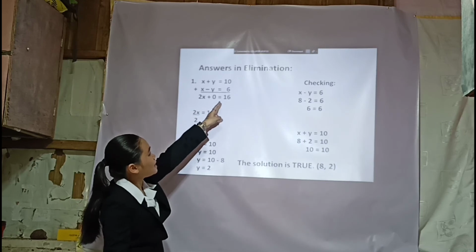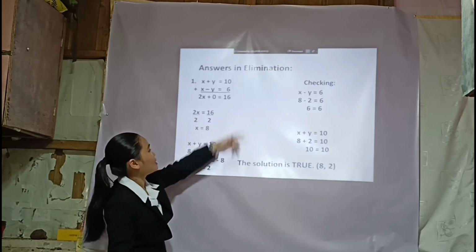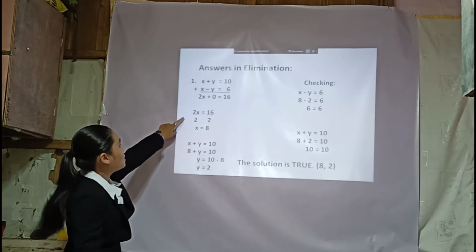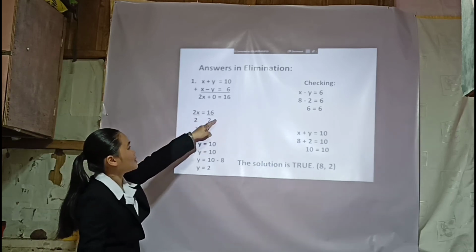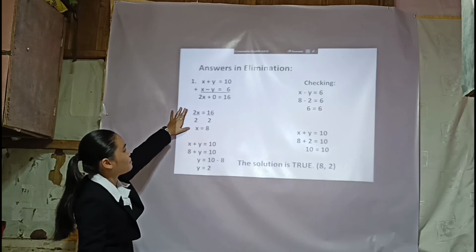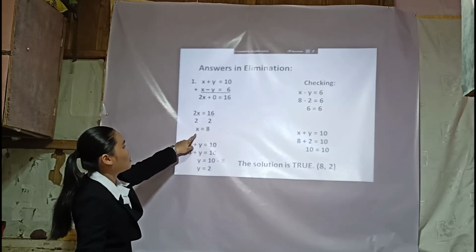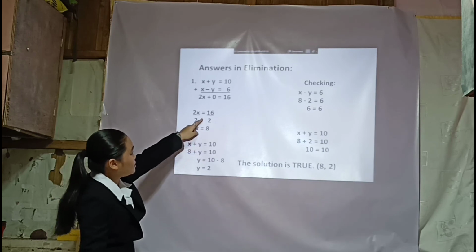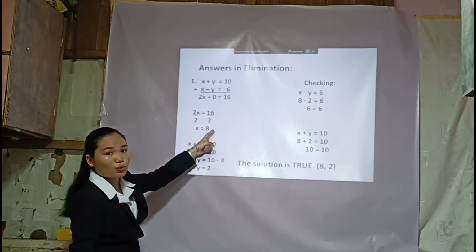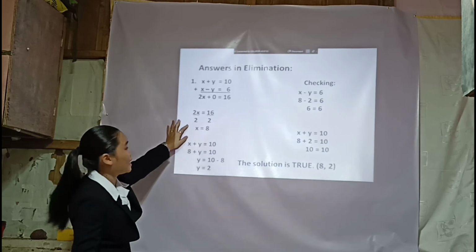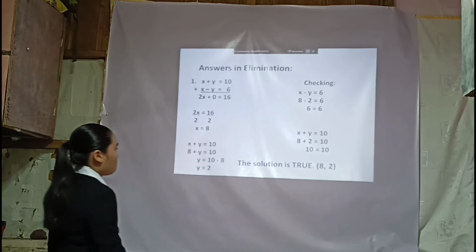Equals 10 plus 6, the answer is 16. So, now we will solve for x. 2x equals 16. We will divide both sides by 2 so that x will remain. And 16 divided by 2 equals 8. So the value of x is 8.